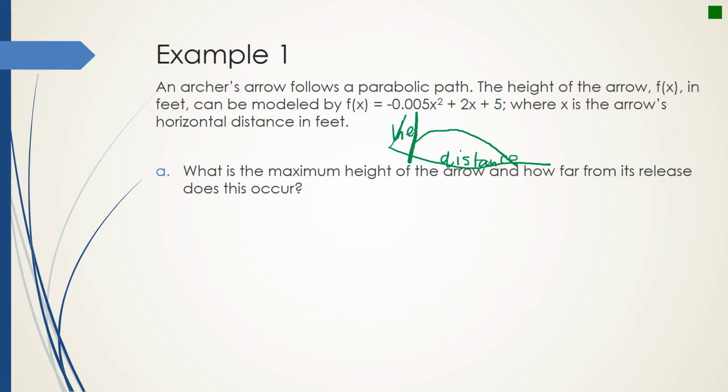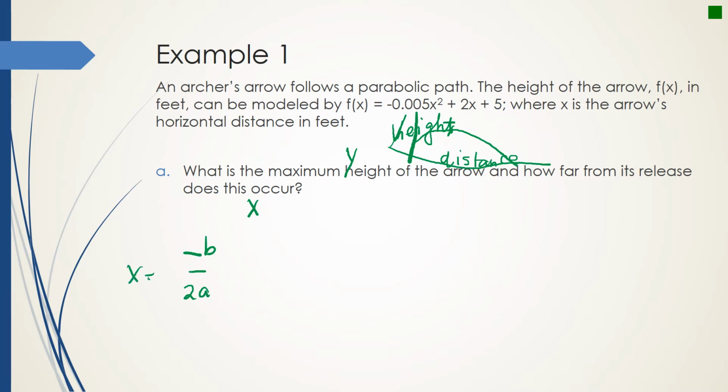This is the height. And we want to know the maximum height, so we're looking for that vertex at the top there. And how far its release was, so we're looking for both the x, the how far, and the height, which is the y. And that's the vertex, so we're going to use that negative b over 2a.